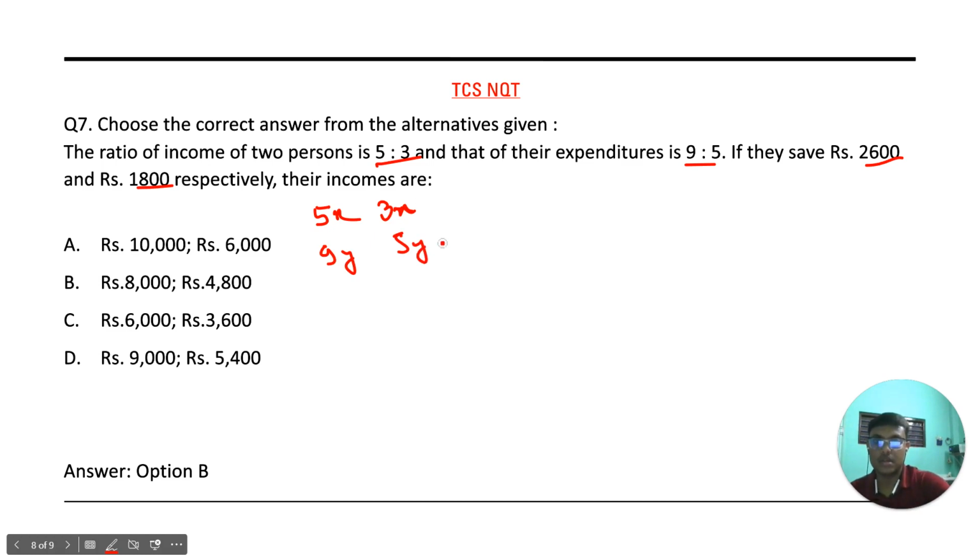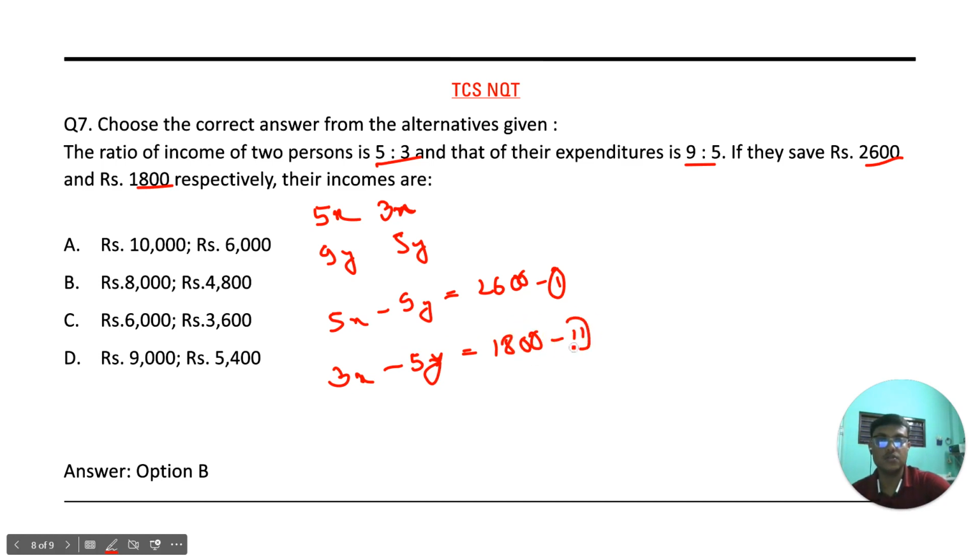Now from here we can assess that 5x minus 9y, income minus expenditure is equivalent to savings, which is 2600. This is equation 1. And for the second person, it is 3x minus 5y is equal to 1800.